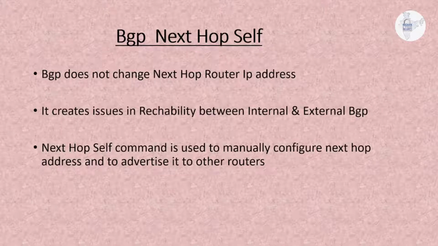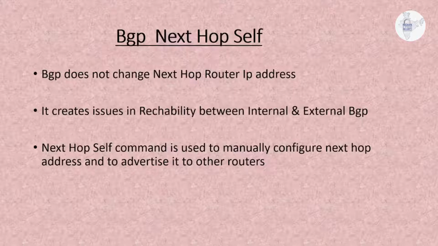The second feature is BGP next-hop-self. Now there is a problem in BGP: BGP does not change the next hop router IP address. So it creates a reachability issue between internal and external BGP. Meaning, if there is a downstream router, it doesn't know the path to the external BGP source because the upstream router hasn't advertised the next hop IP address.